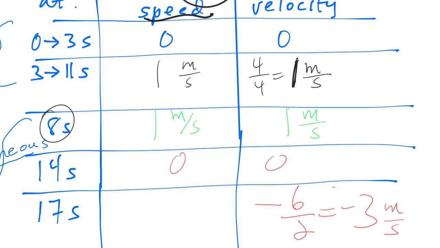And the speed would just be 3 meters per second. You don't put negative when you're talking about speed. Again, don't do 5 divided by 17. That's not going to give you the answer. You just don't pick a point and go 5 divided by 17. You just don't do that.